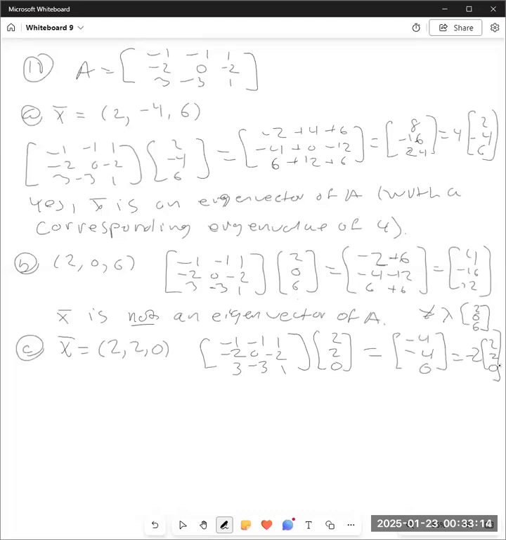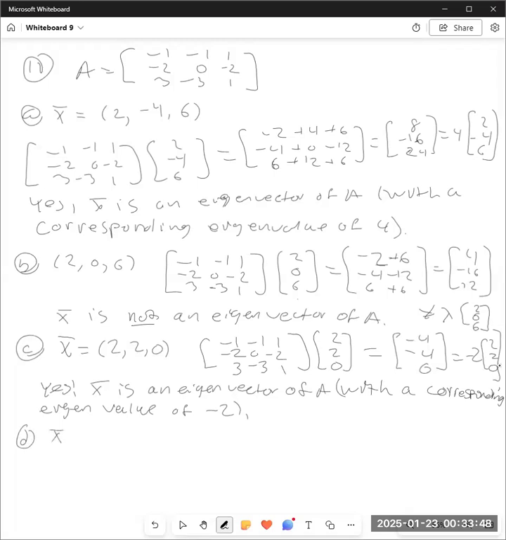And so yes, x bar is an eigenvector of A with a corresponding eigenvalue of -2.